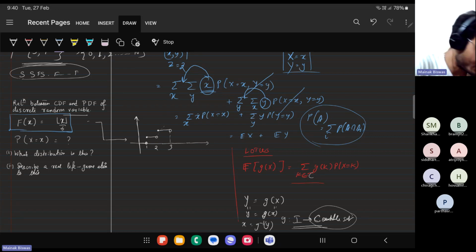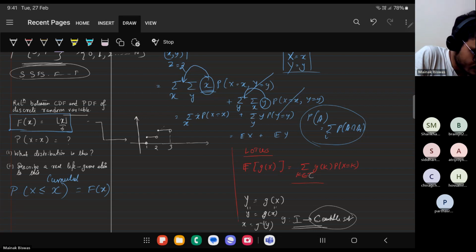It is the CDF. I thought I would define it before, but let me define it now. The probability of x less than or equal to small x is known as the cumulative distribution function, or the CDF.